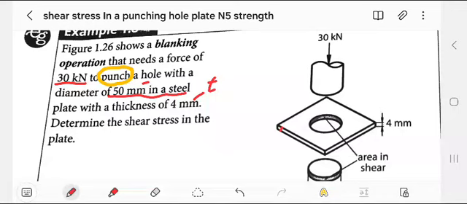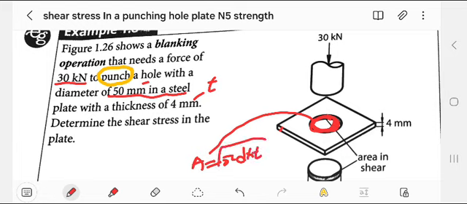Determine the shear stress in the plate. We're focusing on the plate, on the shear there. To find the area of only that space, it will be pi multiplied by d multiplied by the thickness. As always, you must know this.